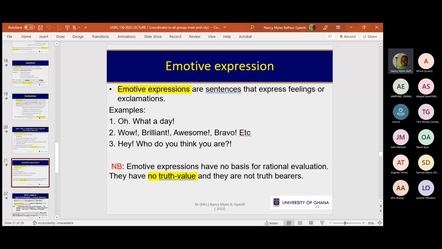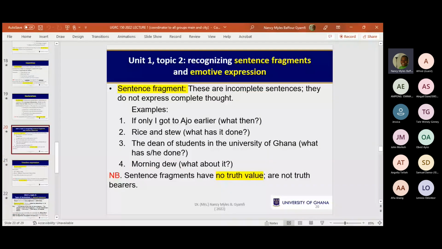So I was using the rice and stew bit to show you that if I said, give me rice and stew, we will say it's imperative. Where is the rice and stew? We'll say it's interrogative. The rice and stew is very delicious. We'll say it's declarative. But what if we just said rice and stew? Like in example 2 on the screen, rice and stew.